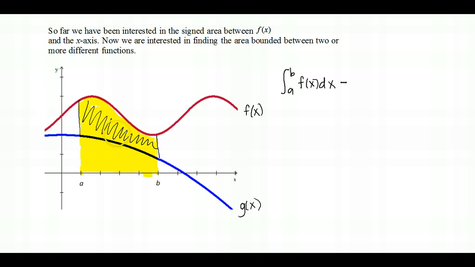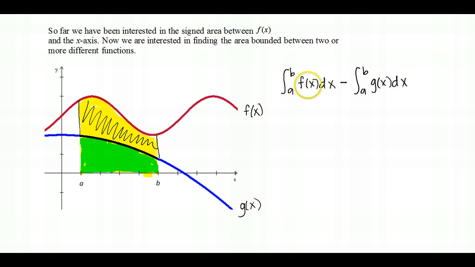So if I find all of this yellow area and then I subtract this now green area here, so all of this area that's trapped between the x-axis and the blue function g of x, then I will have exactly what I'm looking for. So I will have exactly the area bound between the two functions f of x and g of x. So I need to write that as minus the integral from a to b of g of x dx.